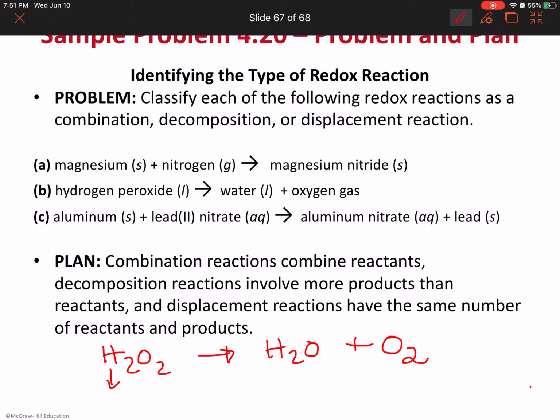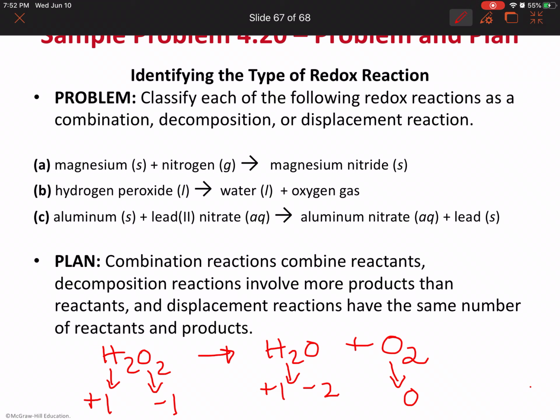Hydrogen is +1 and oxygen is -1 charge. So -1 times 2 would make it -2. Hydrogen +1 times 2, +2, making hydrogen peroxide charge as neutral. So in water, oxygen is -2 and hydrogen would be +1. There are two of those. And then oxygen by itself is oxidation number 0.